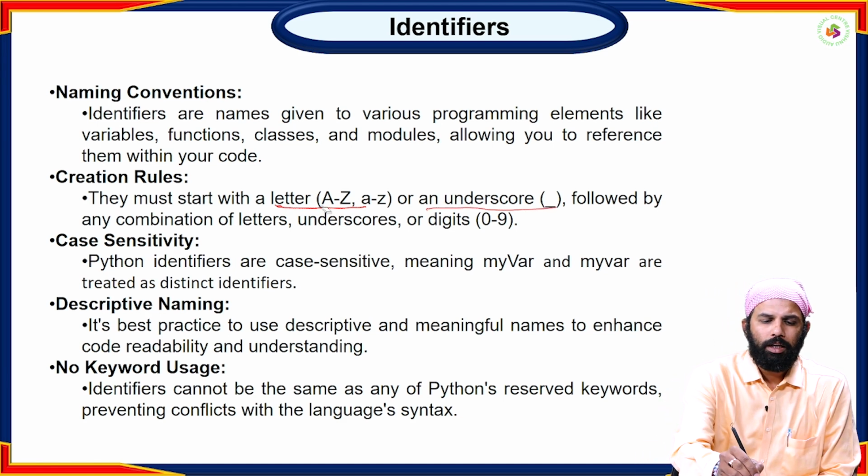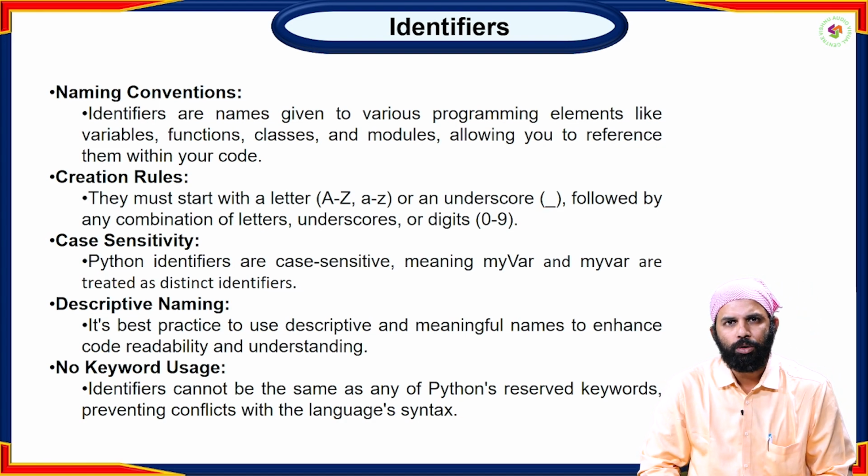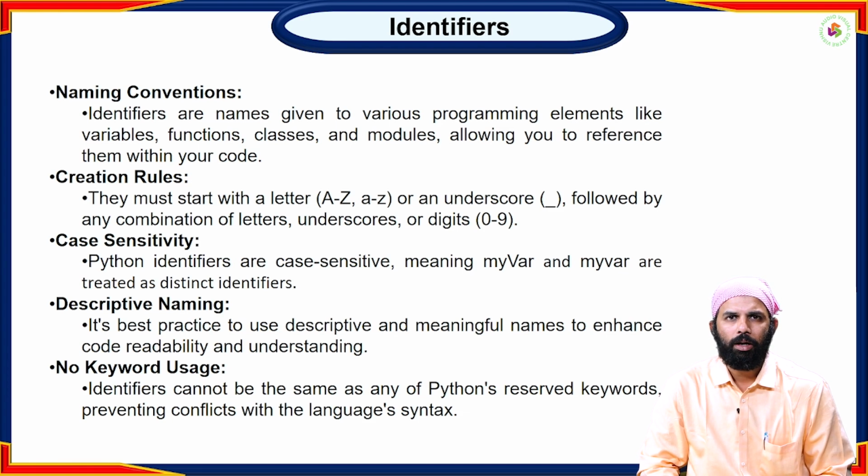We are defining any particular identifier name by using alphabets, uppercase and lowercase, and you are allowed to use underscores and numeric characters also. But the first character of the name must start with either an uppercase alphabet, a lowercase alphabet, or an underscore. Following that, any combination of these characters, including the digits 0 to 9, can also be included in the naming convention.